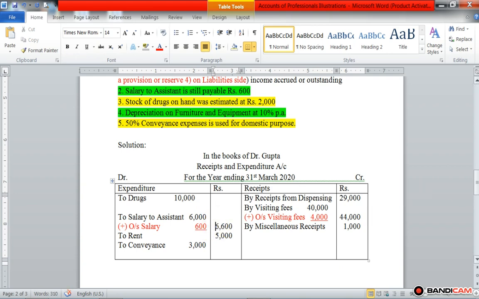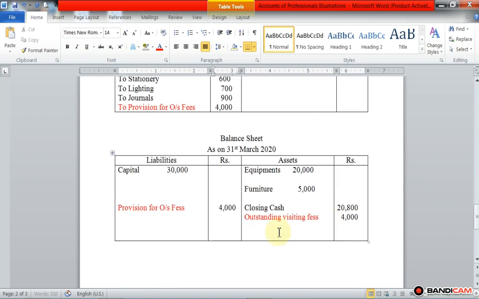Second effect on the liability side of the balance sheet. Got it? On the liability side of the balance sheet, because it is a liability of Dr. Gupta to pay this outstanding salary in future. So it is a responsibility of Dr. Gupta.